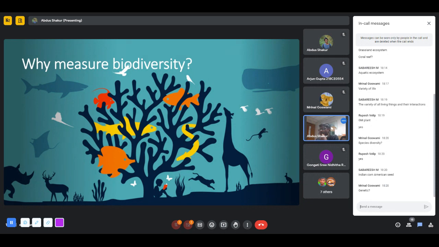And can someone think why we should measure biodiversity? Anyone? Why do you think we should measure biodiversity? Why not just say okay, it's there? Why should we bother about it?